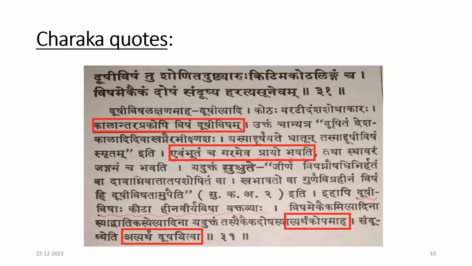So if we see again here, one line I have underlined: Vishaha, Kita, Hina Virya Vishaha, Vaktavyaha. In Dushi Visha, deliberately, Charaka has put Vishaha, Kita, Hina Virya Vishaha, Vaktavyaha. This reference shows how Dushi Visha and Kita Visha are brought under the same umbrella.